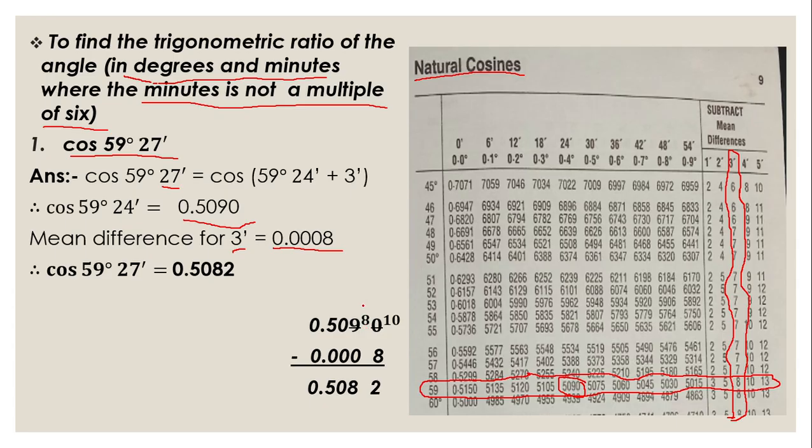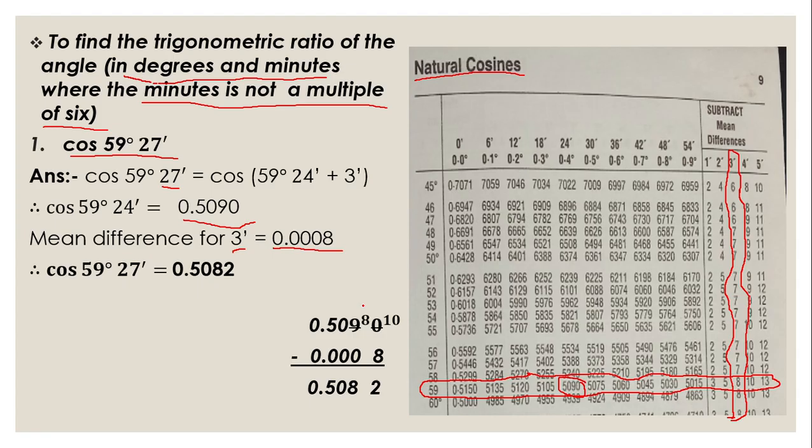If we were finding sine or tan when the angle is given in terms of degrees and minute and the minute is not a multiple of 6, then we would add the mean difference.